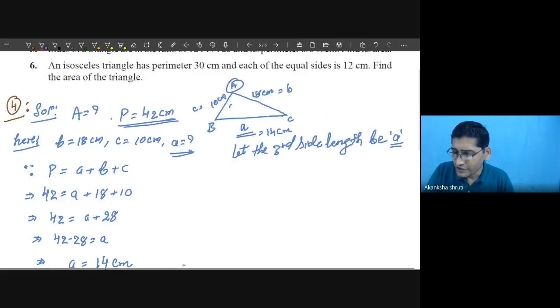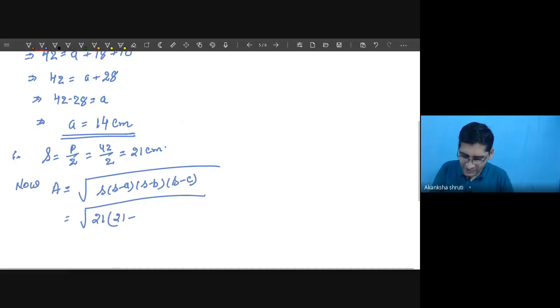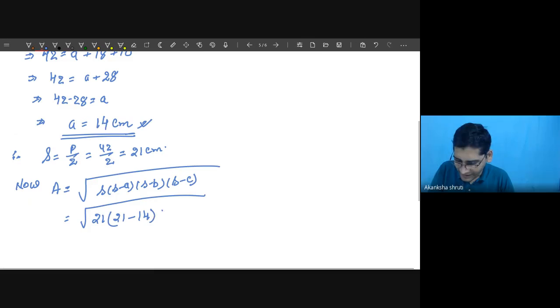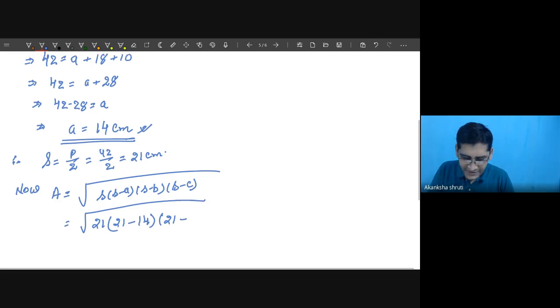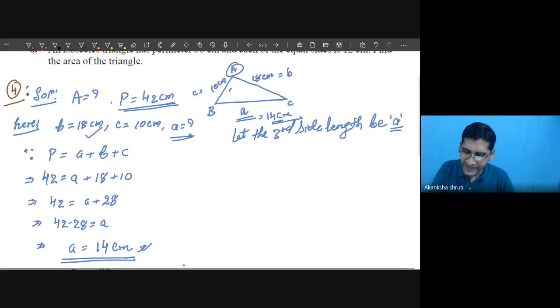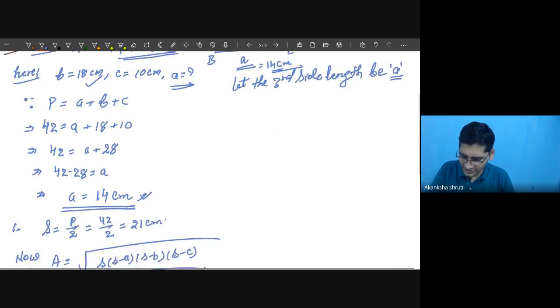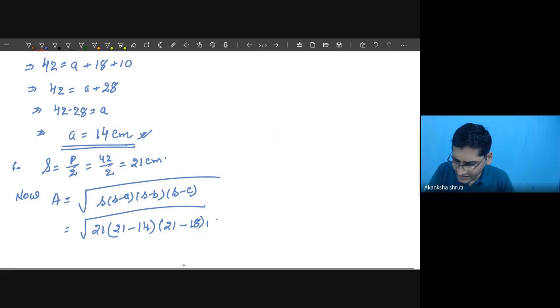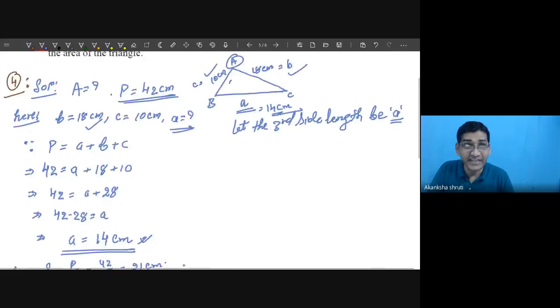We have calculated it as 14. Is it okay? So all the differences of the three sides. Into again the semiperimeter 21 minus b. b is already given as 18 centimeter. Yes. And again the next bracket is 21 minus the c, which is our 10 centimeter.